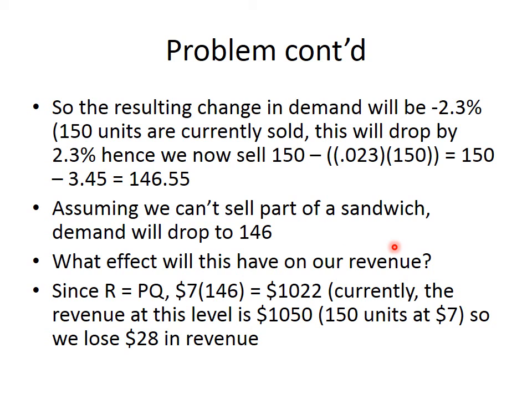That's what I really want to know, how does this affect money in my pocket? Well, what's revenue? Revenue is price times quantity, right? $7 a sandwich, 146 sandwiches sold, $1,022. All right? Currently, the revenue at this level is $1,050, 150 units at $7, so we lose $28 in revenue.